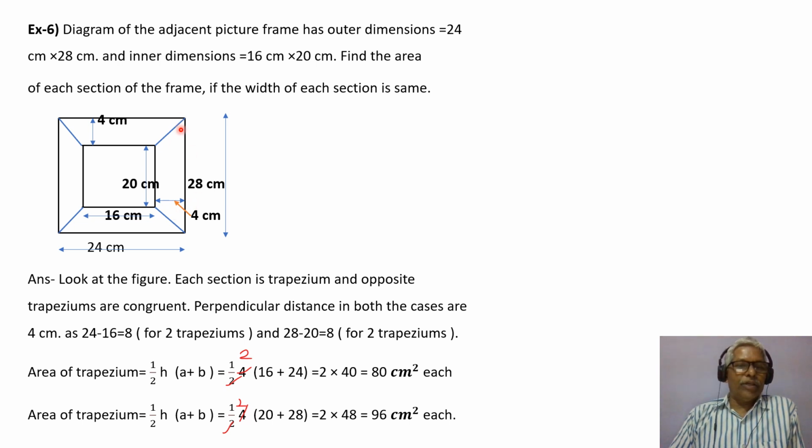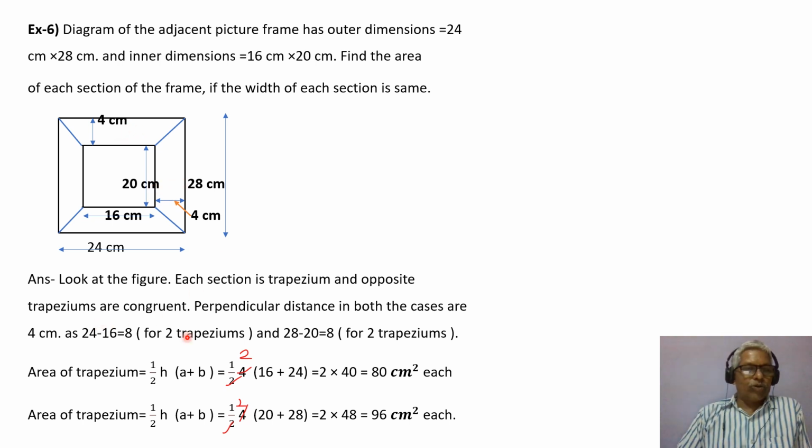Similarly, if you take this as 28 and this is 20, then the height of this is 4 centimeters as given here, and this is 4. So 4 plus 4 is 8, plus 20 is 28, similar to this. So now we have the sides and the height, which is 4 centimeters.